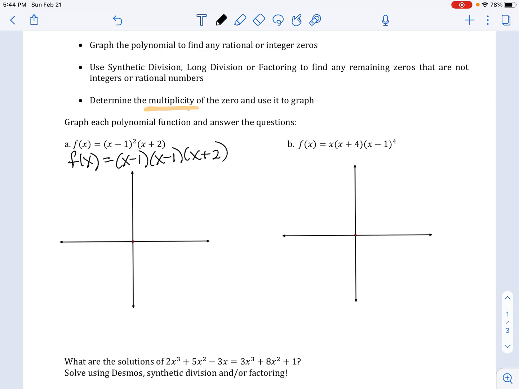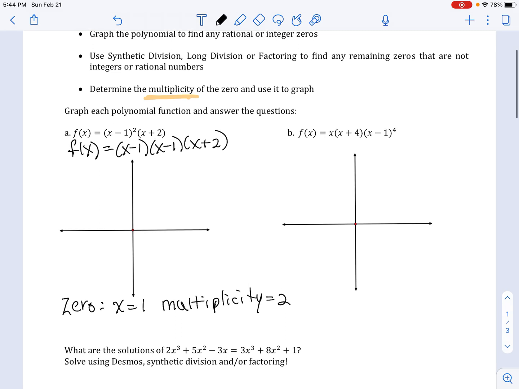So our first 0 is going to be x equals 1 with a multiplicity equal to 2. The second 0 is x equals negative 2.